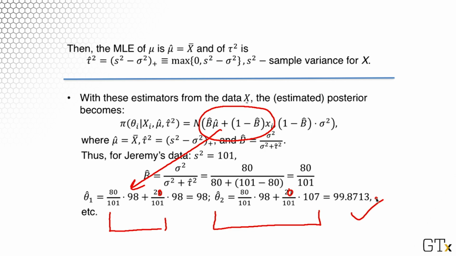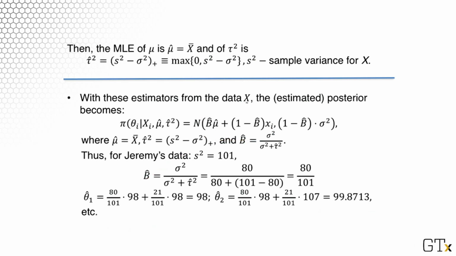So we get the estimators of theta for each case. Why is it different from, for example, taking each case separately? Because this is borrowing strength from all data. To estimate theta 1, we use the observation x1, but we also use the x bar from all observations, and the weights themselves depend on all observations.